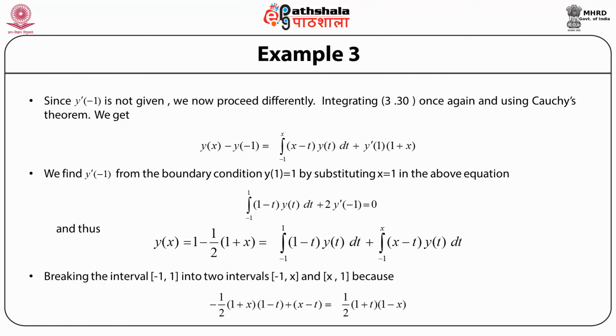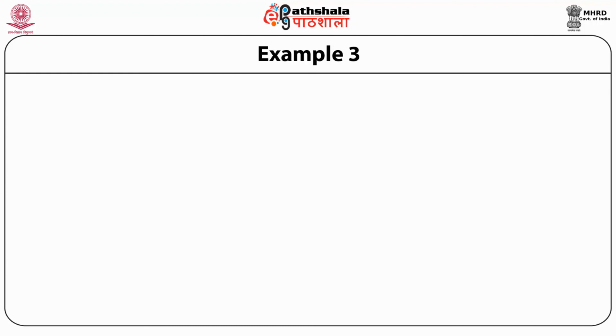Breaking the interval from minus 1 to 1 into two intervals, one from minus 1 to x and another from x to 1, and since minus half times 1 plus x into 1 minus t plus x minus t is equal to half of 1 plus t into 1 minus x, using this we find that y of x is equal to 1 minus half integral from minus 1 to x of 1 minus x into 1 plus t yt dt minus half integral from x to 1 of 1 plus x into 1 minus t yt dt.